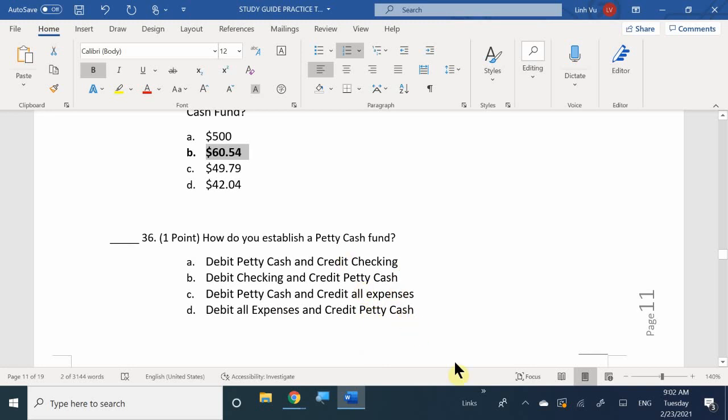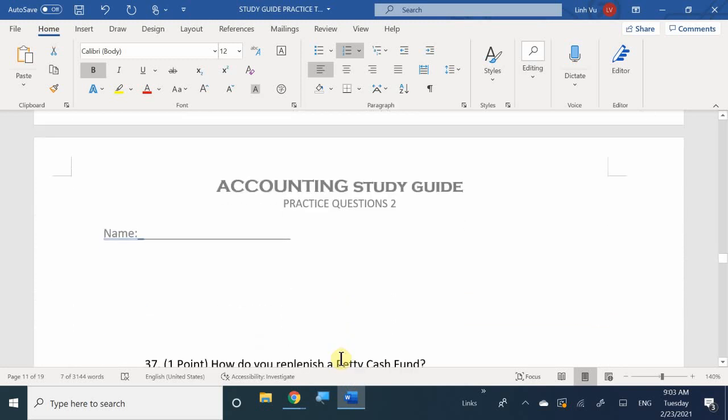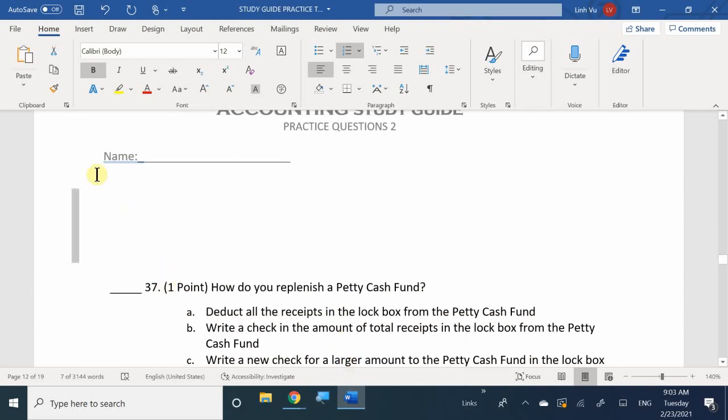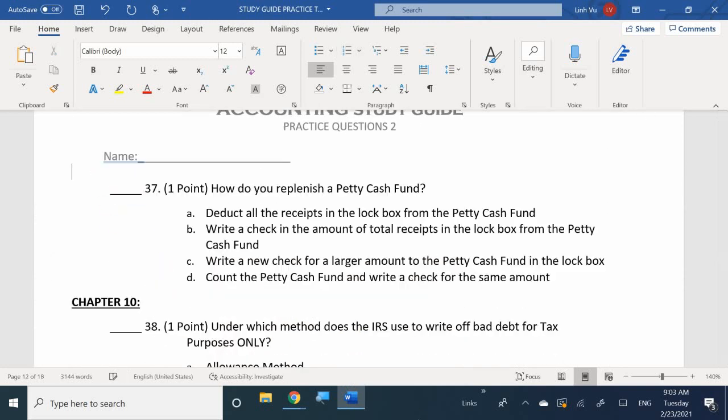That's a no-no. Even for replenishing, you never remove any amount in the petty cash fund unless you choose to close it out. Okay, so let me go and pull that up.